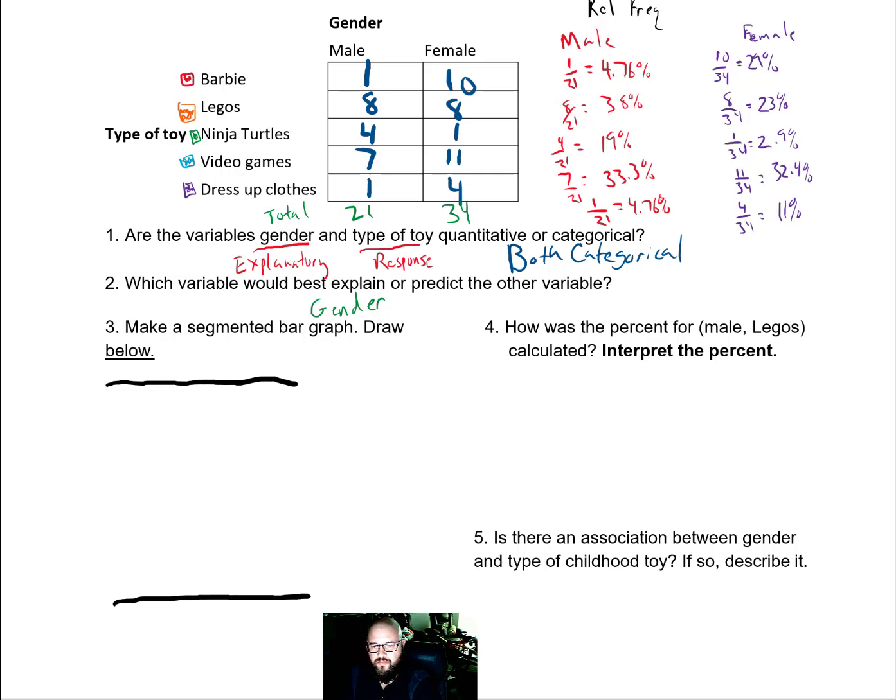So we know that we're going to have males, we're going to have females, and we're going to start out with having a 0 over here for a percentage, and it's going to go up to 100, right? So we're going to be dealing with our relative frequencies.